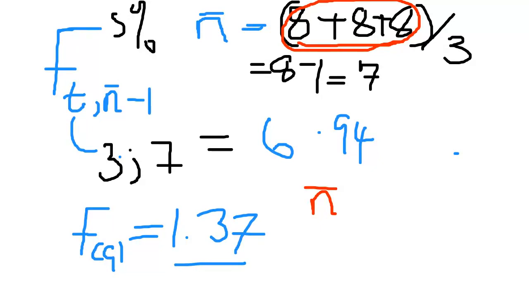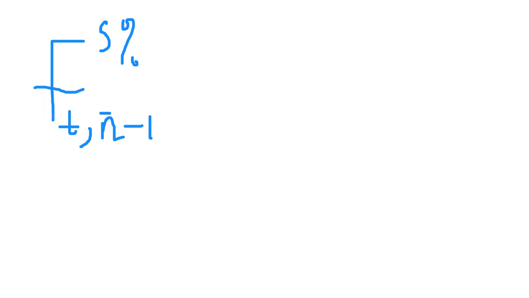Let me clear this. As I have indicated, some other textbooks will use a different approach. Let's take 5%. For this one, F of how many treatments? 3. How do you find N bar?